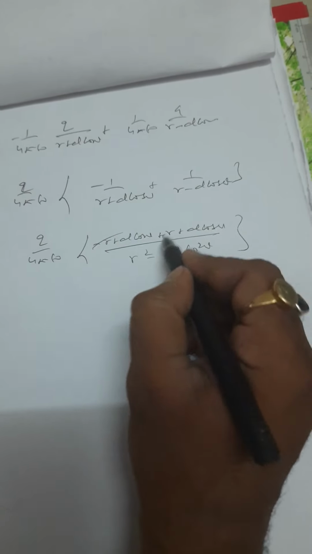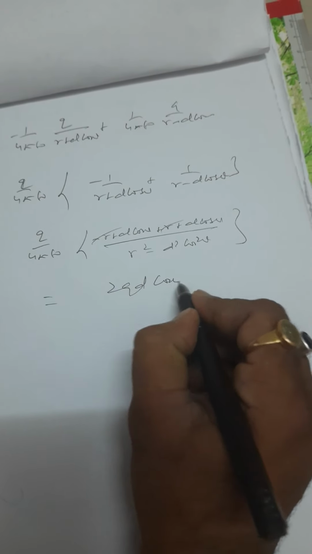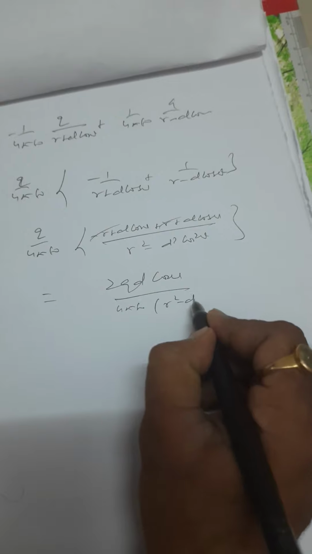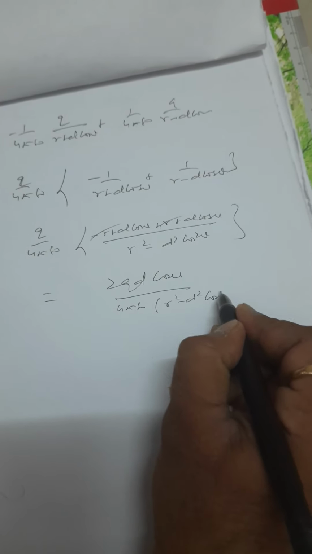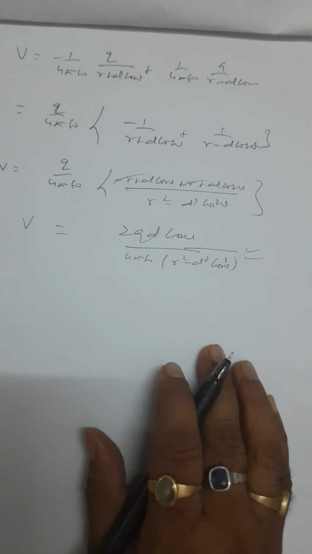So ultimately we'll get 2QD cos theta by 4 pi epsilon naught times R square minus D square cos square theta. So this is V, and it is the general relation.